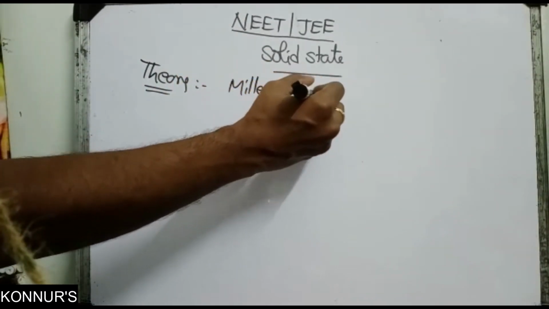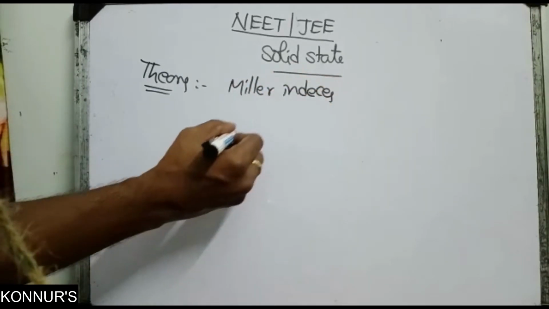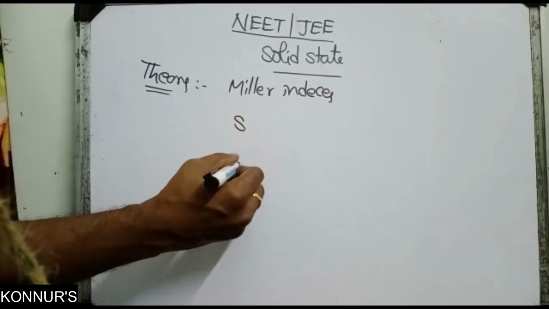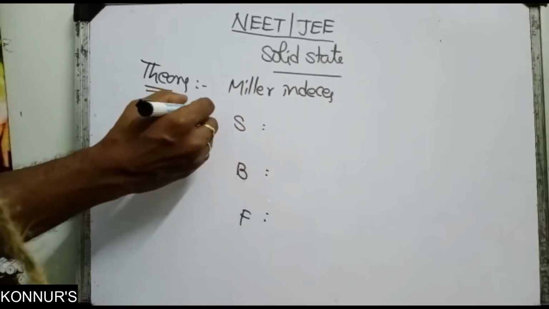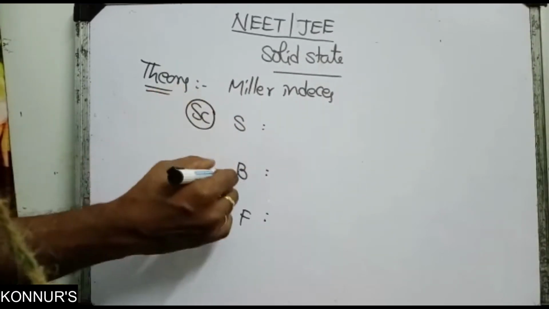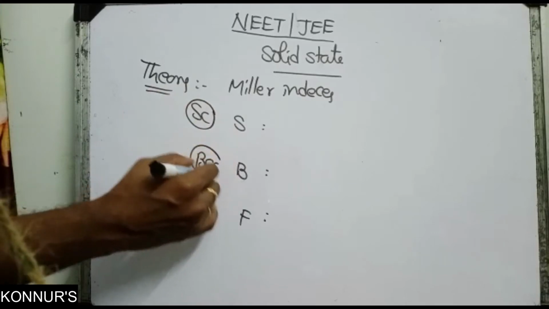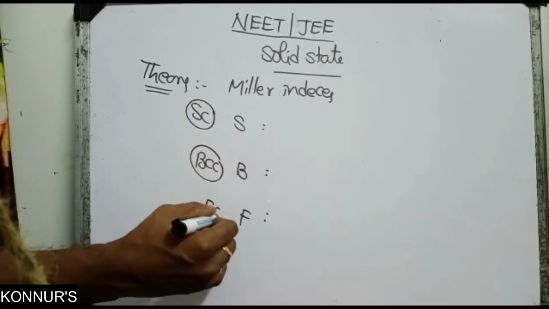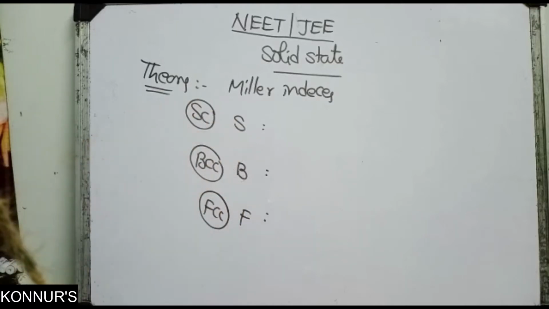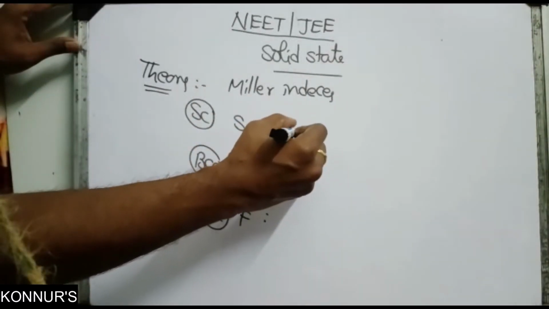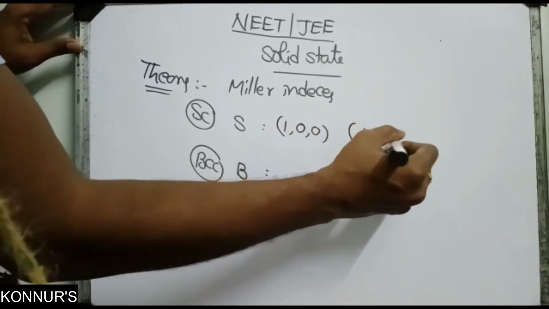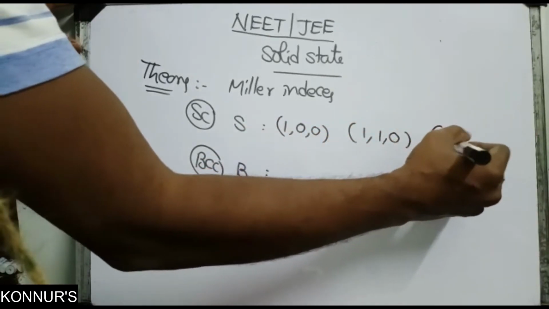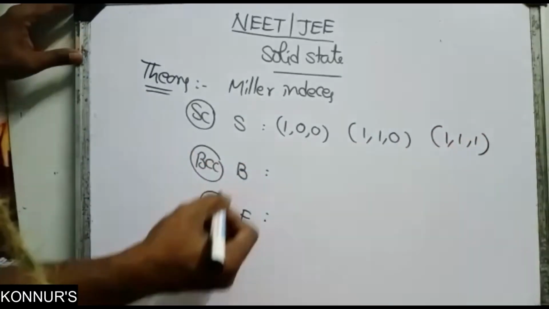Miller indices for simple cube, BCC, FCC. S means simple cube, B means BCC, F means FCC. What are the Miller indices for simple cube? That is 100, 110, and the third one, 111.